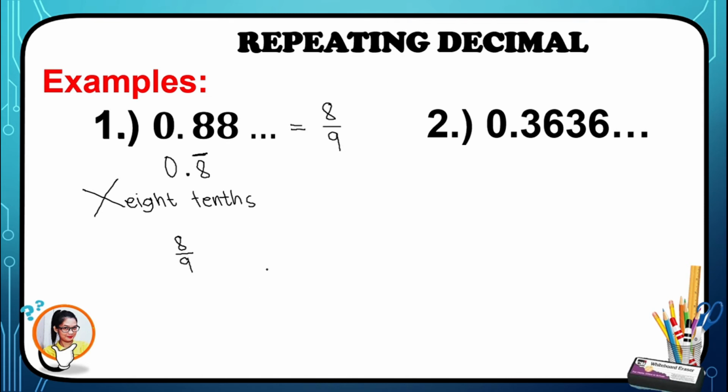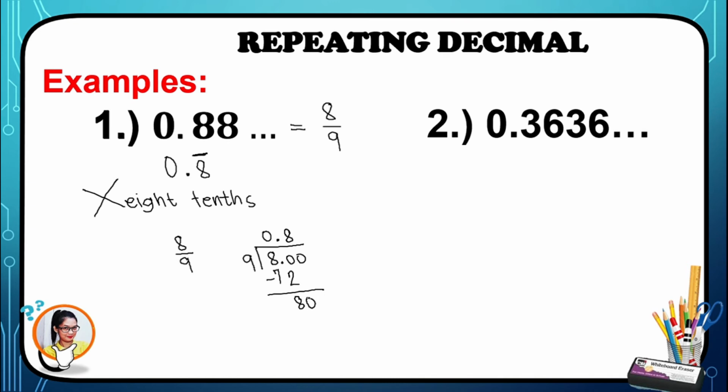To prove this, let's divide it. So 8 divided by 9. Again, there's no 9 in 8, so we have 0. So how many 9 are there in 80? We have here 8. 8 times 9 is 72. So we'll subtract. 80 minus 72 is 8.